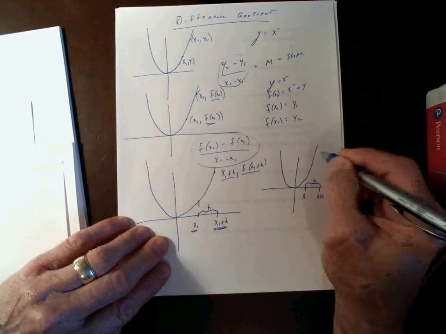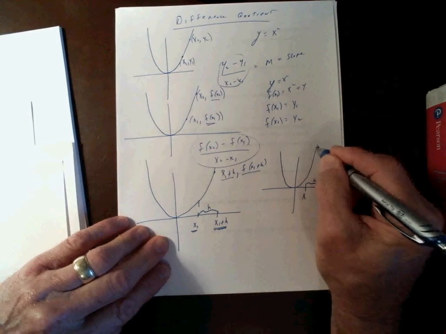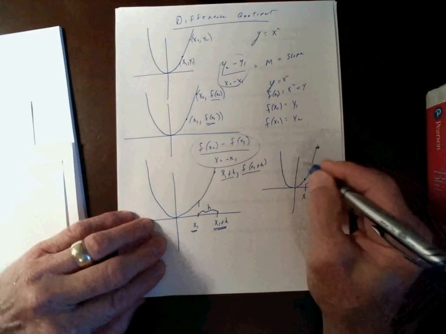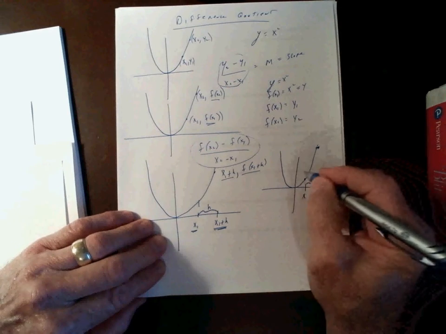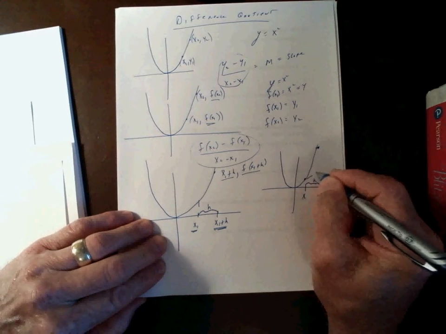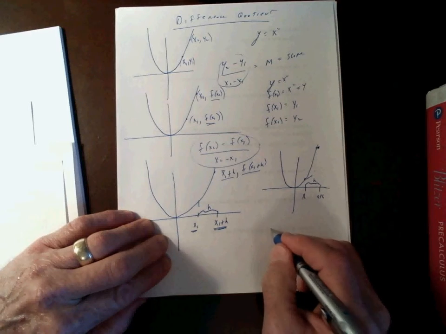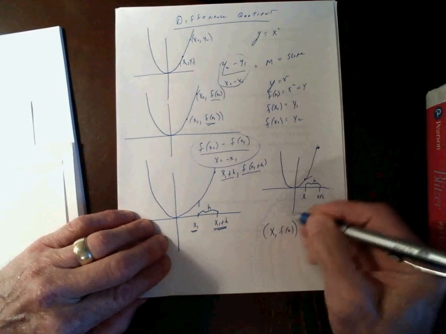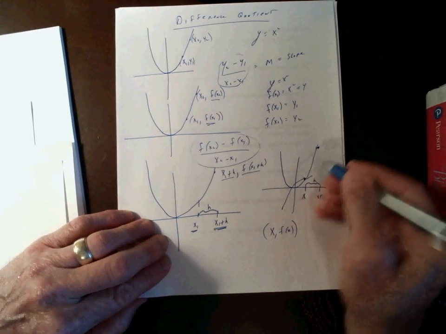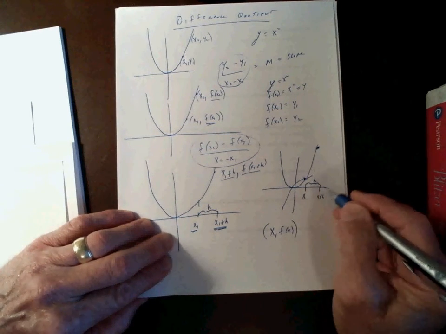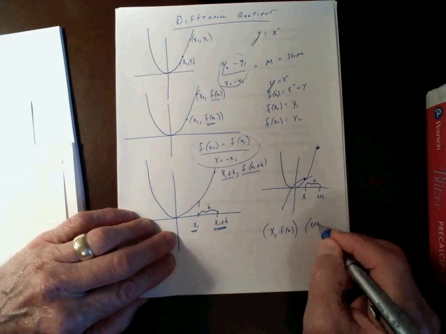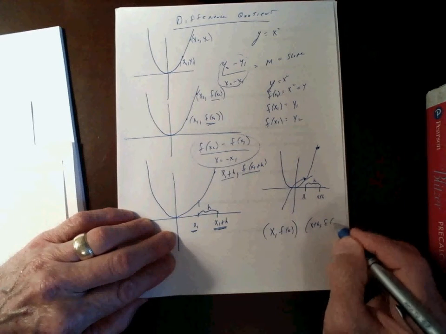So up in here, this point right here would, of course, be x comma f at x. And that would be the ordered pair for that point right there. And this other one, since it's just h units away, its ordered pair would be x plus h comma f at x plus h.